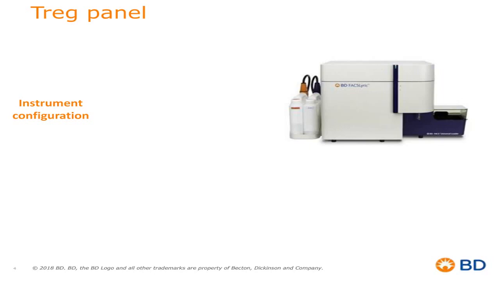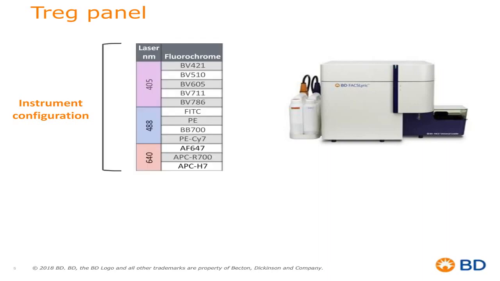This is independent of whatever cell populations I'm looking at. I need to know what channels I can look at so I can pair my antibodies or my dyes and viability stains accordingly.